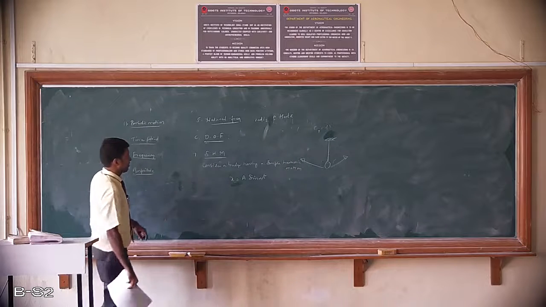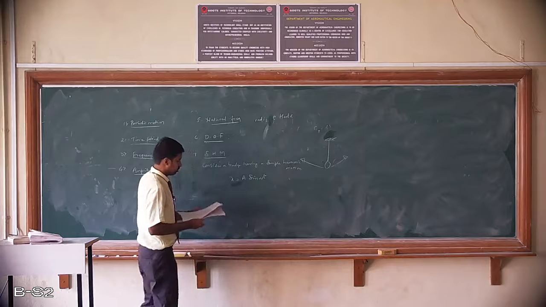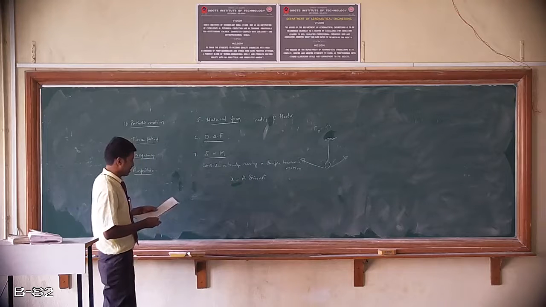So a body having a simple harmonic motion is represented by x is equal to a sine omega t, where x is the displacement.